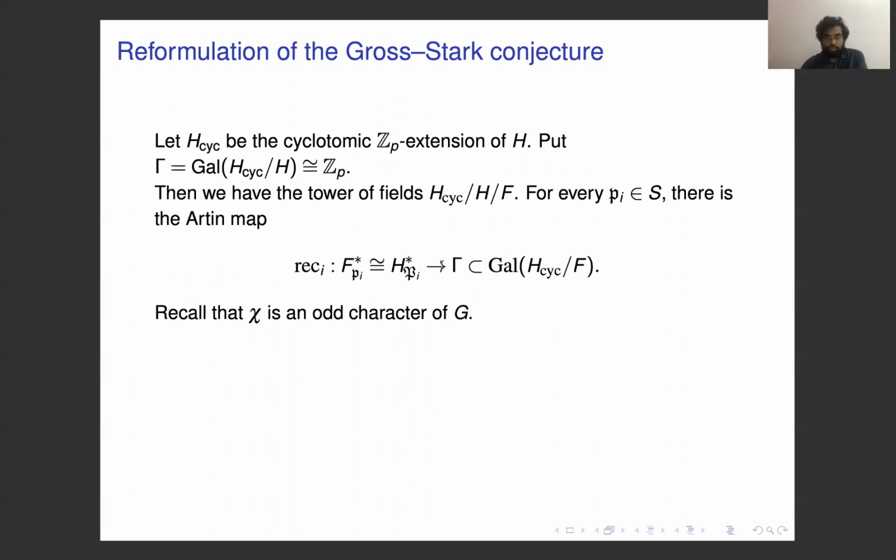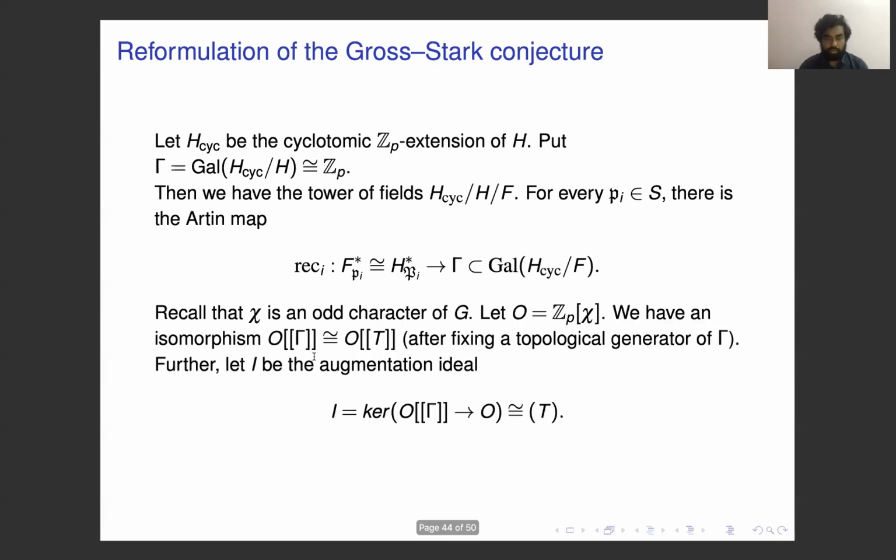It goes into the decomposition group, but then I can put the decomposition group into gamma, and this is a subgroup of the Galois group of H cyclotomic over F. Recall that chi is an odd character of G. I put O to be the ring obtained by adjoining values of chi to Z_p.